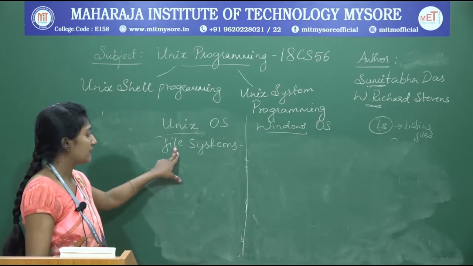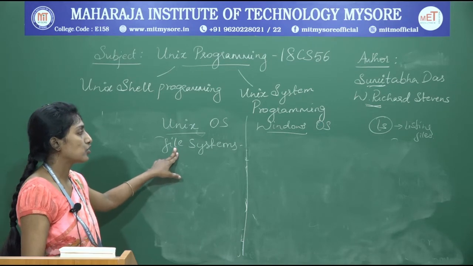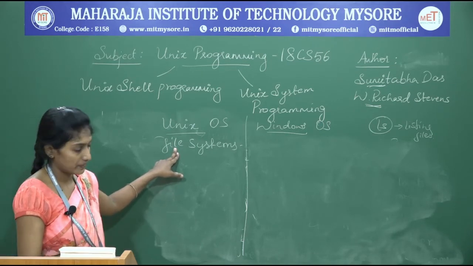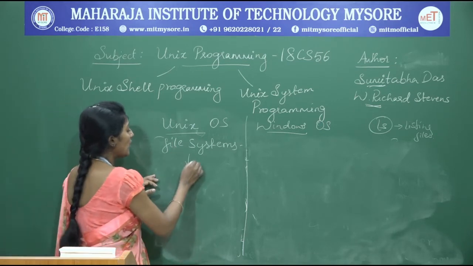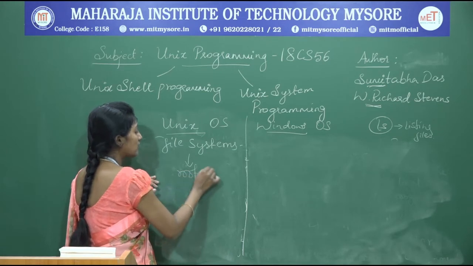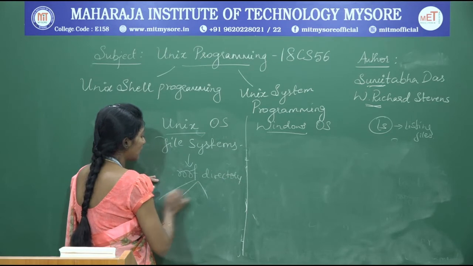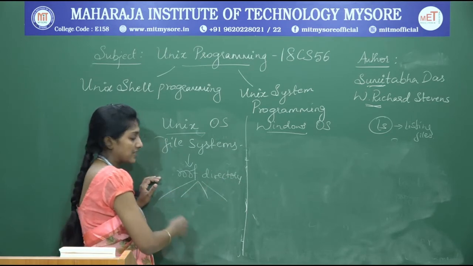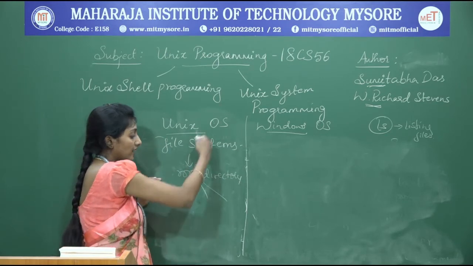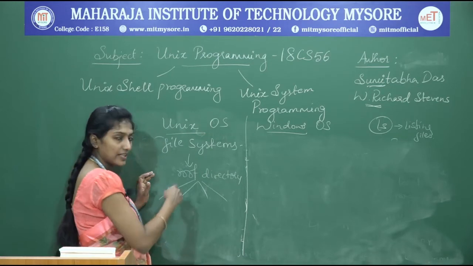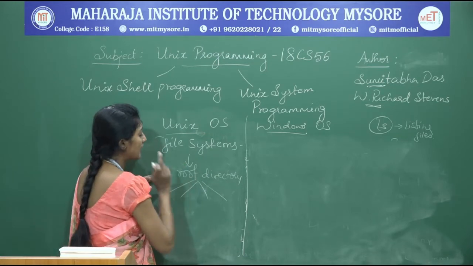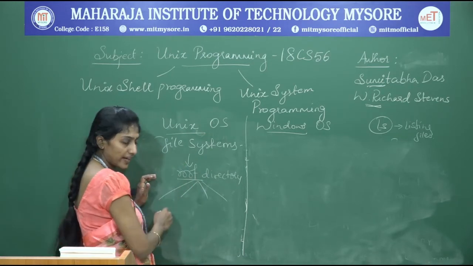So, in the file system organization, if I consider the Unix operating system against a Windows operating system, here I have only one directory called the root directory. Under this itself, all the files are organized in a hierarchical manner. Hierarchical means I always have only one directory, that is the root directory.